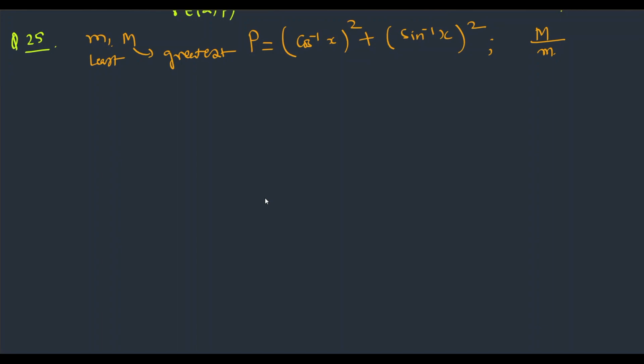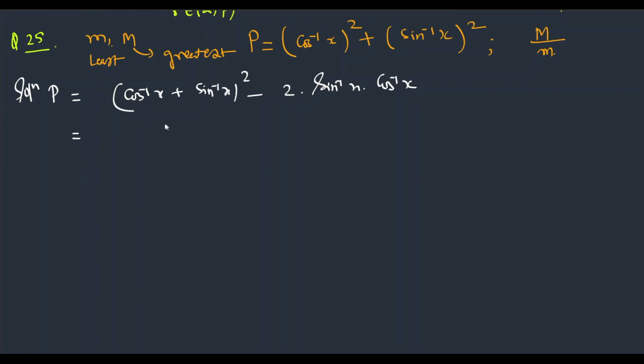Sir, without doing the derivative, can we find the maximum and minimum? Yes, without the derivative you can also apply the sine inverse plus cos inverse x formula. So it will be cos inverse of x plus sine inverse of x, whole square, minus 2 times sine inverse of x times cos inverse of x. This value is pi by 2, so the answer will be pi square by 4.